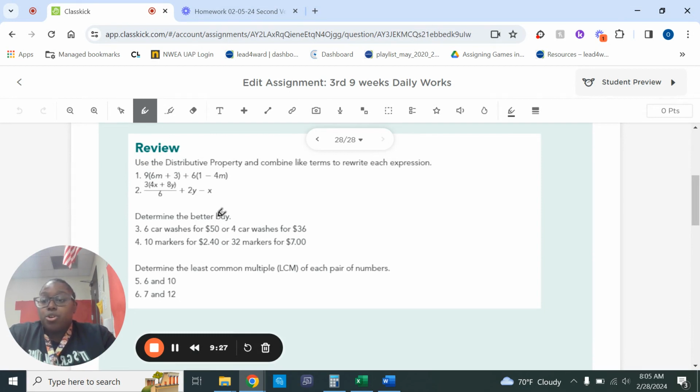This one is like the third one I gave y'all, determining the better buy. Once again, I explained this in a previous assignment, and in the last assignment, which was second verse, same as the first, that one was asking for faster. So like I said, it depends on what you're trying to compare, depends on what you're looking for. Because since this is a better buy, we are looking for something that's going to give us the most for the least amount of money.